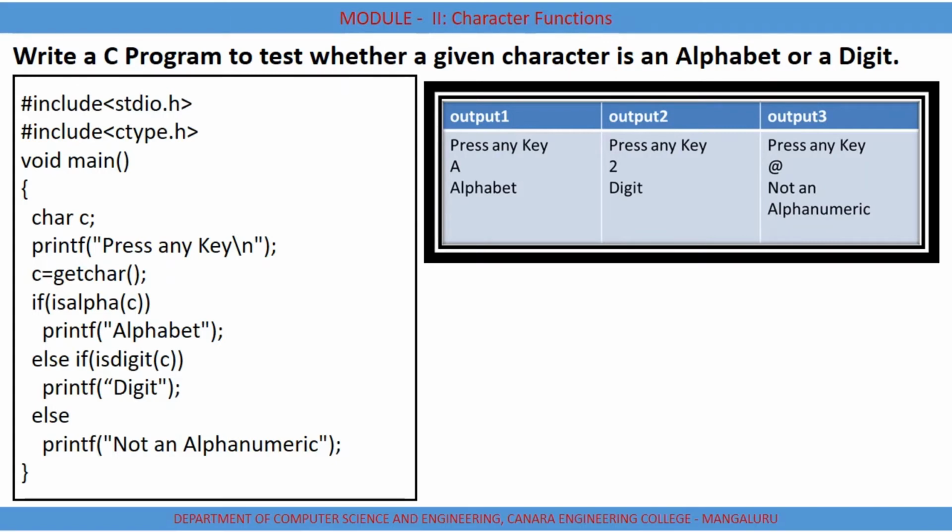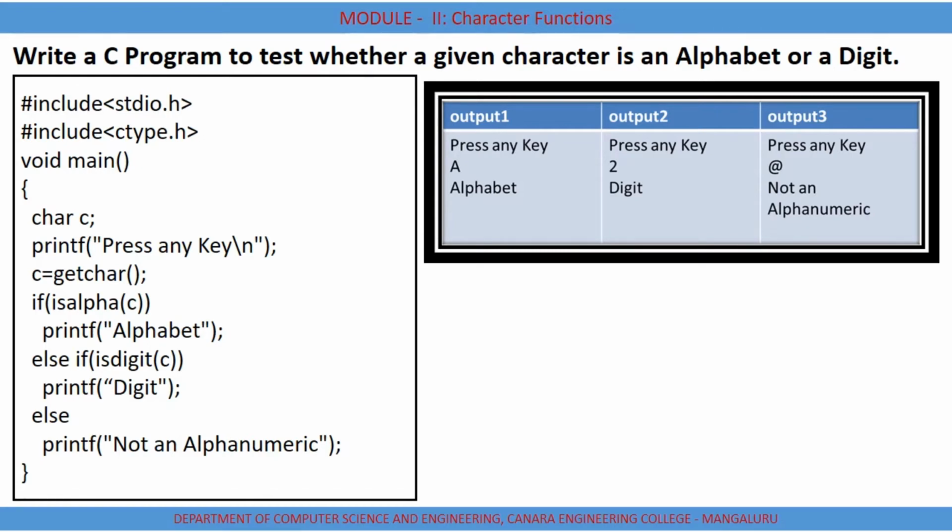If the user input is not a digit, then isdigit of c will return false and the control will go outside the else if part and move to the else part, that is the default part. Then it will print "not an alphabet or not an alphanumeric character".